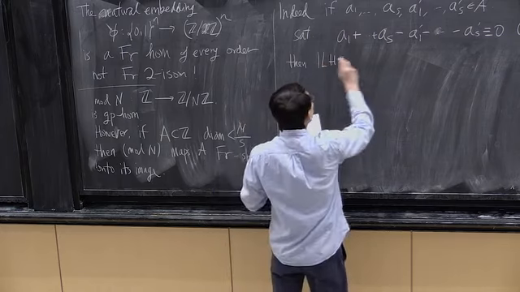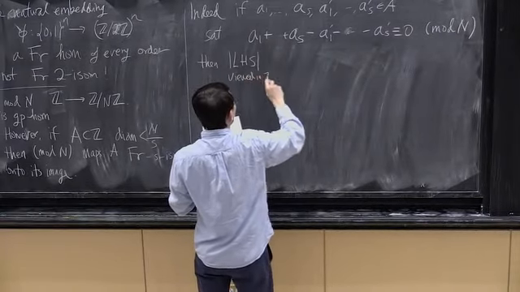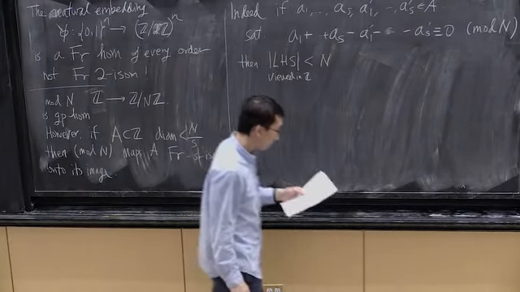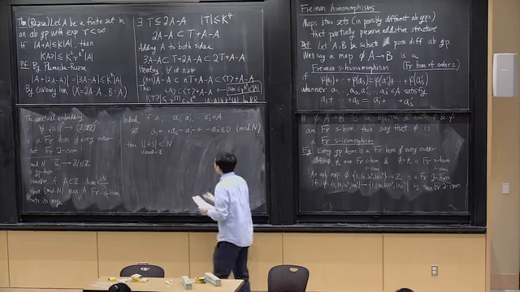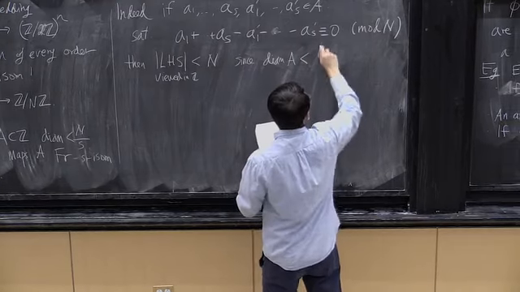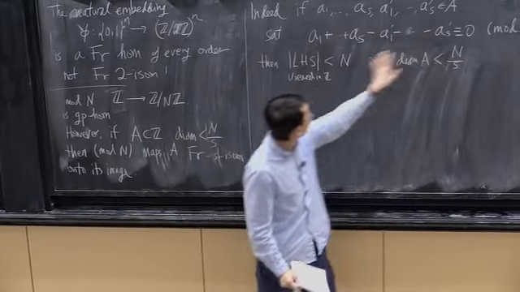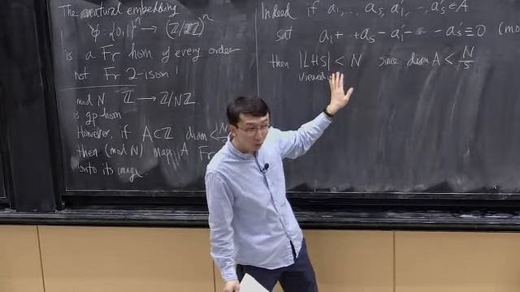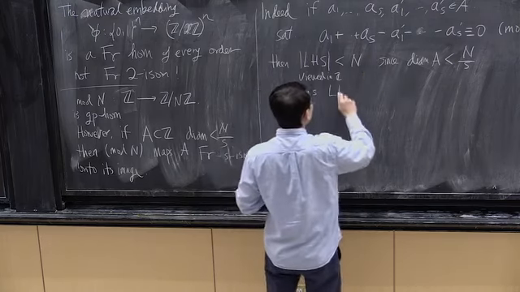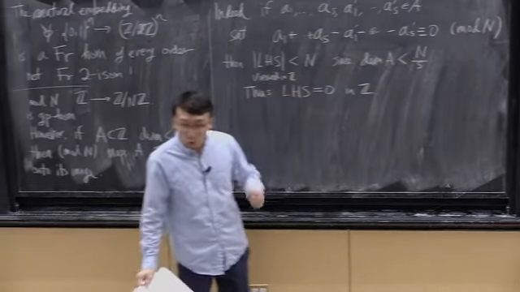So the left-hand side in absolute value, viewed as an integer, is less than n in absolute value, since the diameter of A is less than n over s. So you have some number here which is strictly less than n in absolute value and is 0 mod n. So it must be actually equal to 0 as an integer.